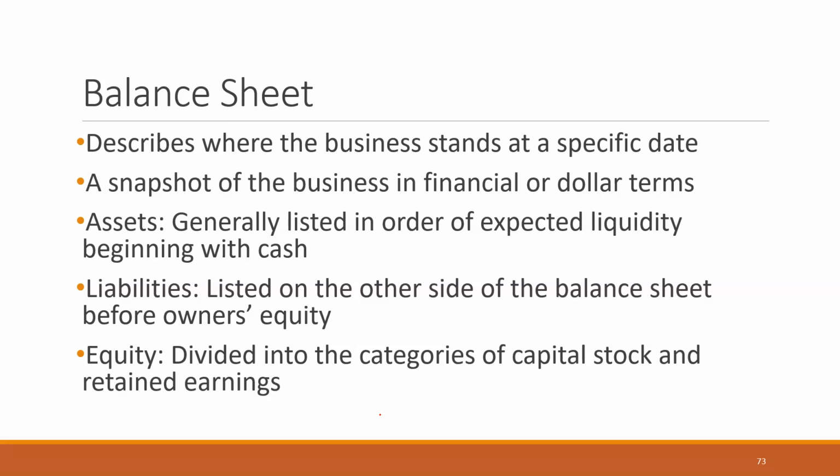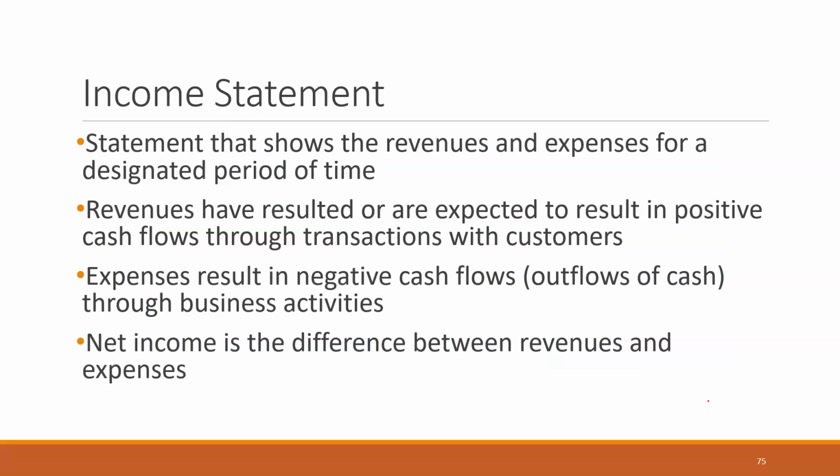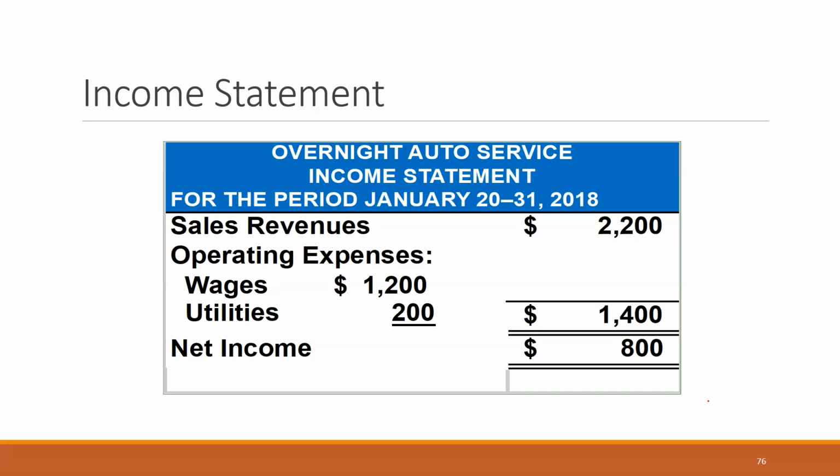We have our balance sheet, which shows the business at a specific date, and it shows our accounting equation. We have this example of a balance sheet right here where our assets equal our total liabilities and equity. The income statement is the revenues and expenses for the accounting period, and the net income, which is the difference between our revenues and our expenses.